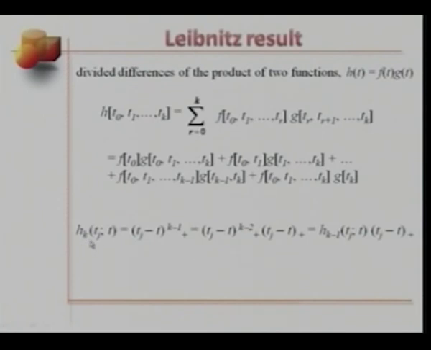Now, using hk tj colon t equals hk minus 1 tj colon t times tj minus t truncated, you can think of hk minus 1 tj colon t to be f of t, and tj minus t truncated to be g of t, and apply the Leibniz result, and we'll see how we will get the recursion relation from here.